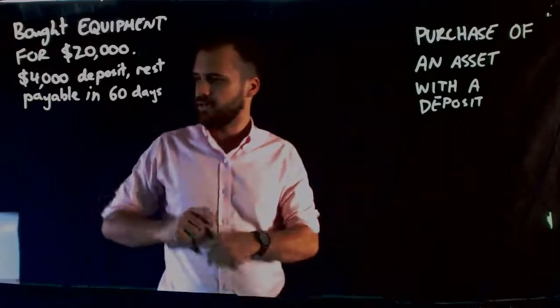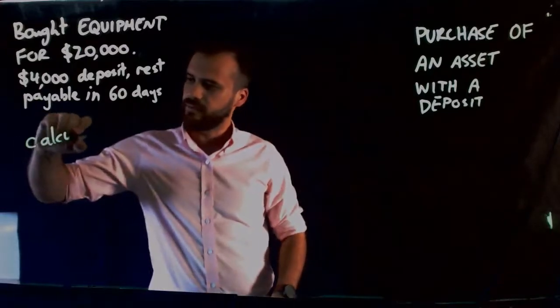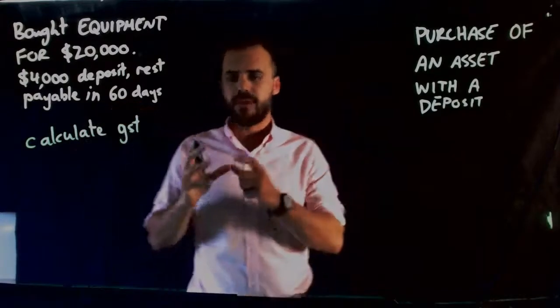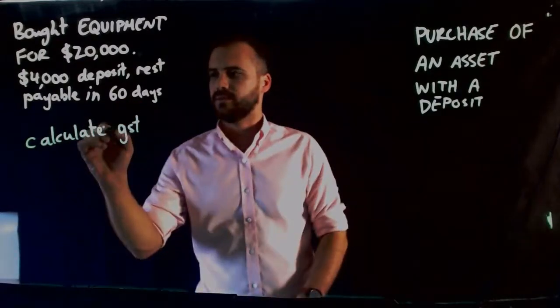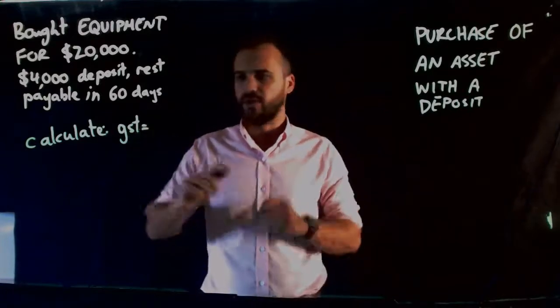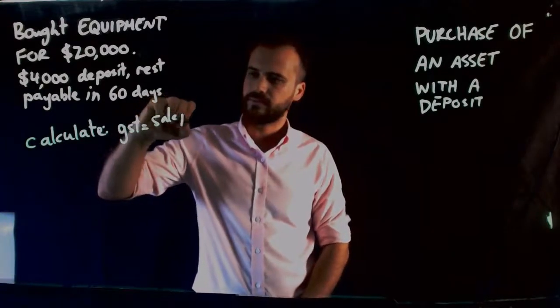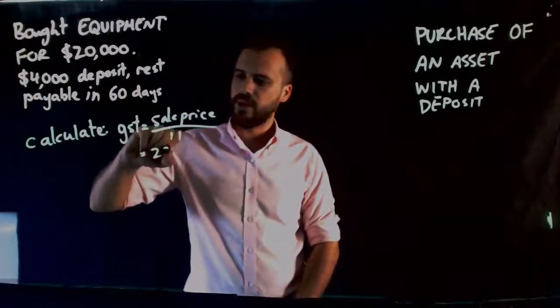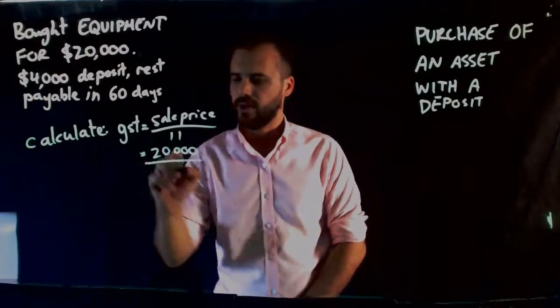So the first step here is to calculate GST. And remember that GST is equal to the sale price divided by 11. Now that's going to be 20,000 divided by 11.